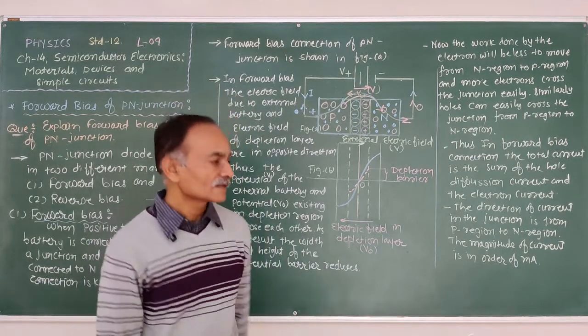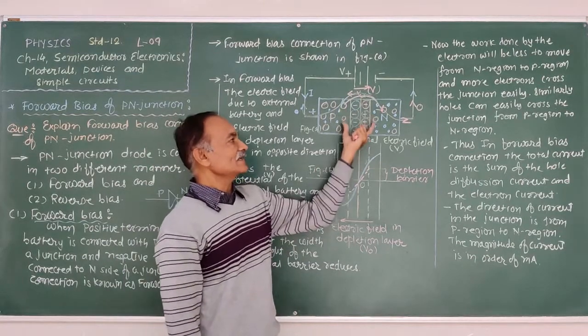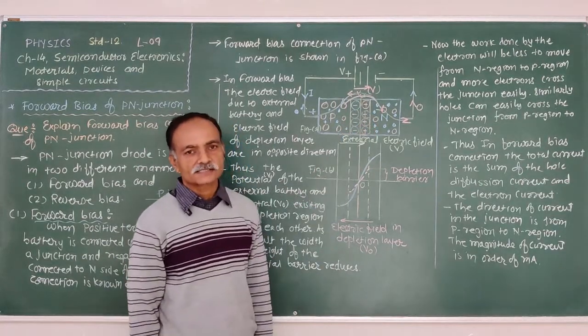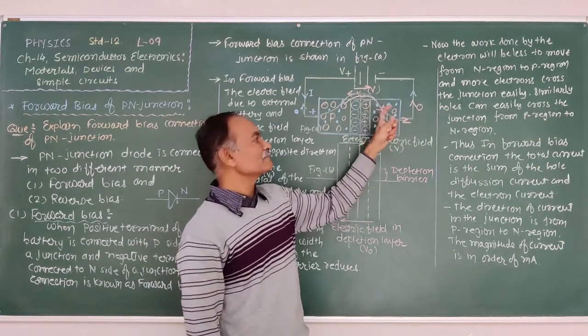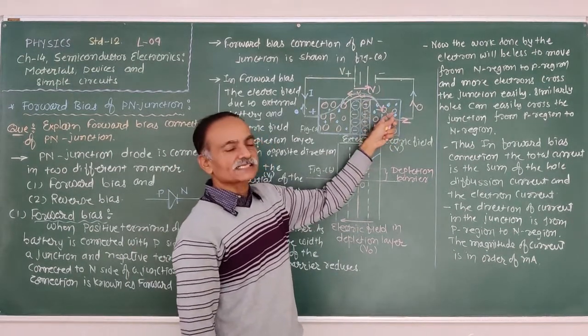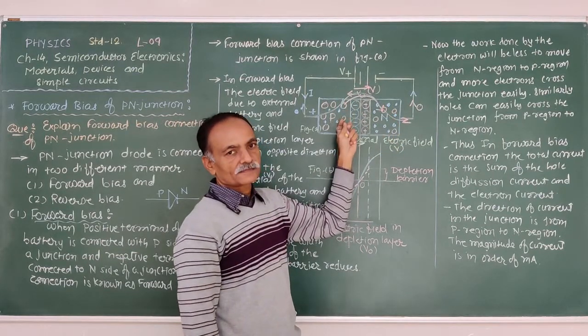Is this clear? Okay. Again, when the PN junction is connected in forward bias, the negative charges, that means the electrons, diffuse from the N region to the P region.